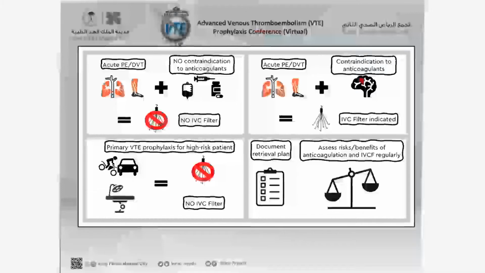So as we discussed earlier, there is no role for IVC filter where anticoagulation can be administered, while if there is a strong contraindication or cessation of the anticoagulation, the filter is strongly indicated.